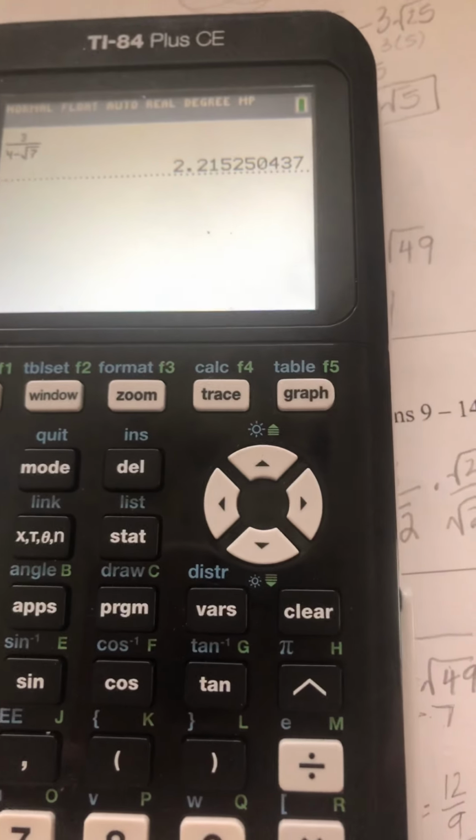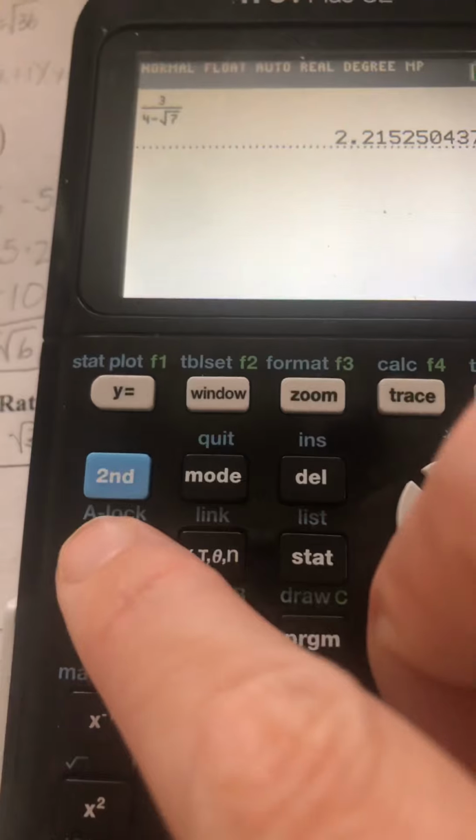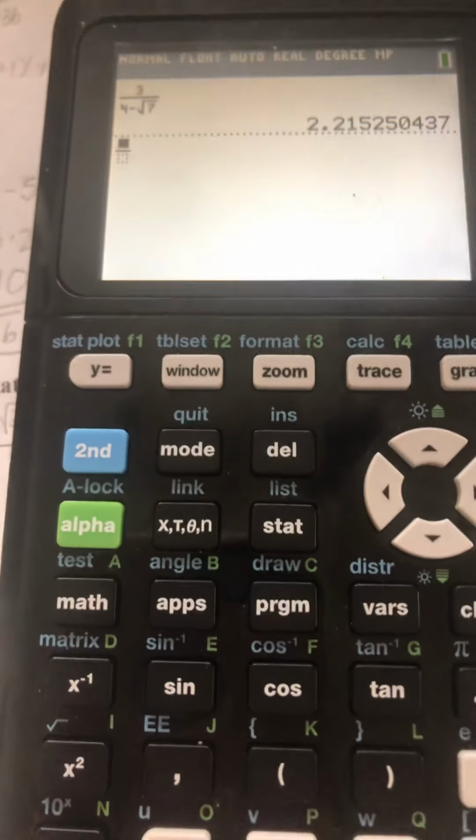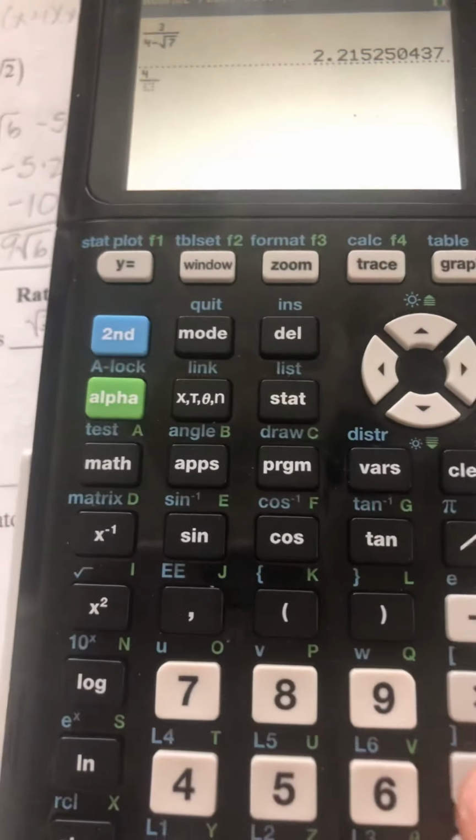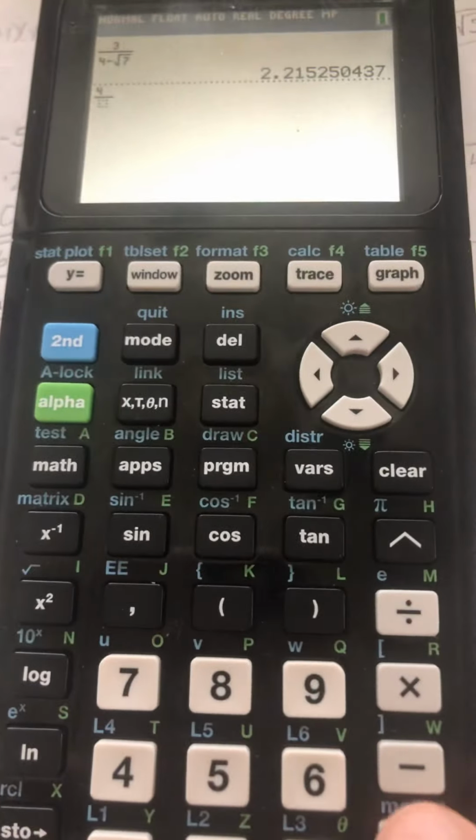We got 4 plus root 7 all over 3. And it's the same answer. So we did it correctly. Okay, last one.